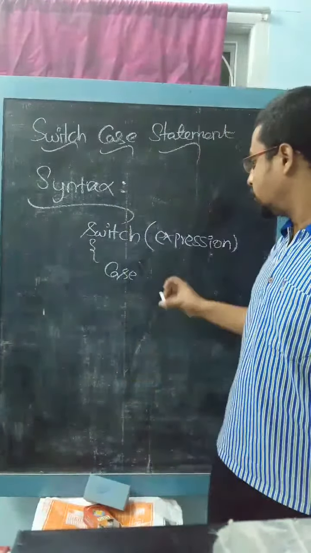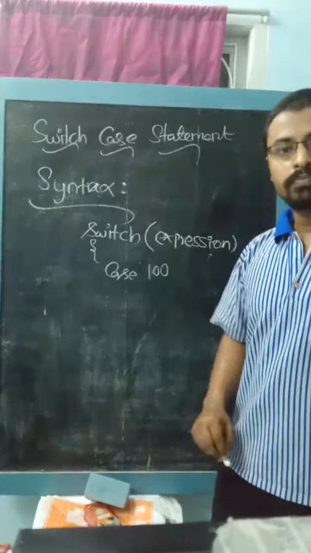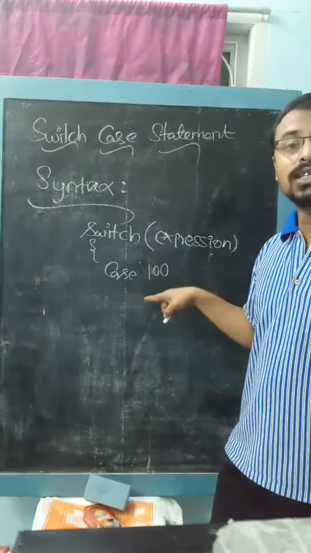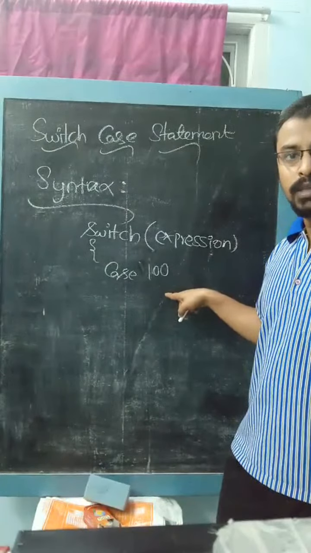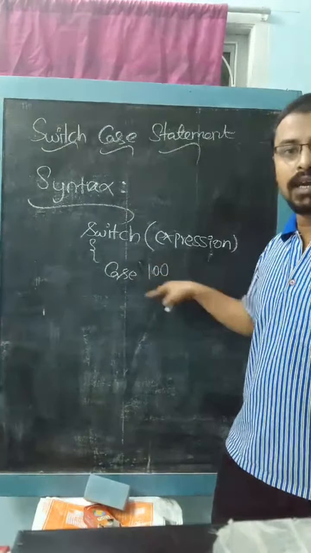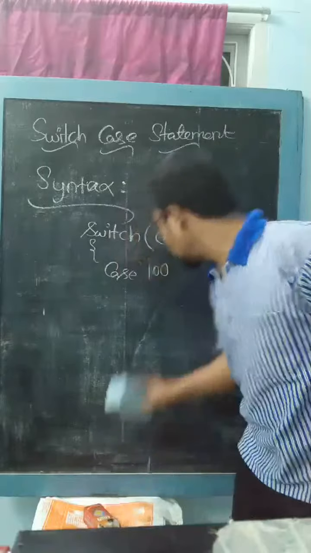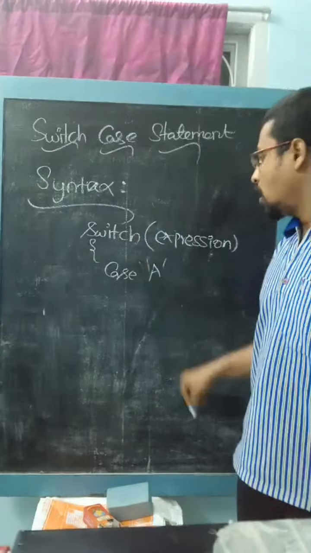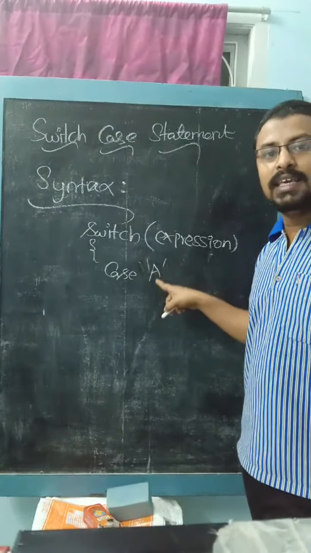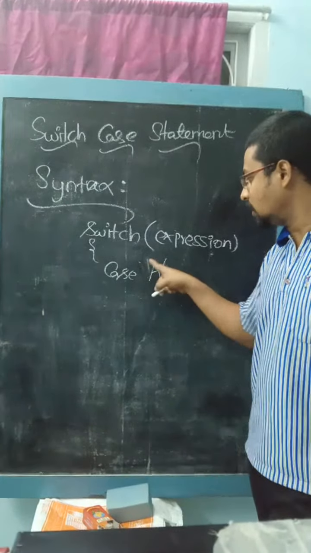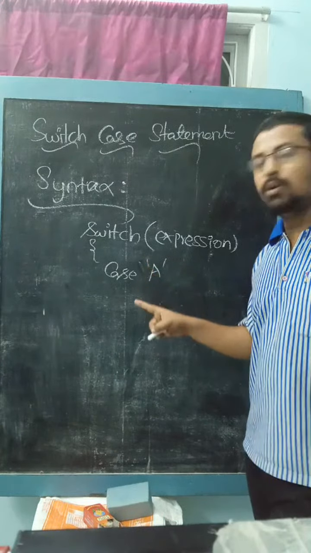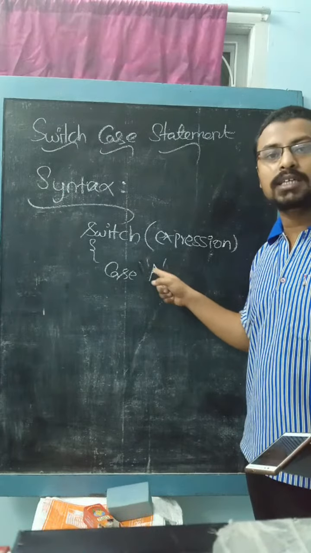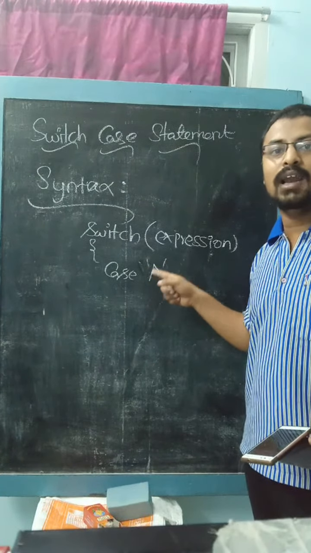You can use case 100, you can use 1000, a lakh, because these are all integers. And moreover you can use A or B or C or D, E, F, G, H in single quotation, because whatever values you use in single quotation are called integral values.